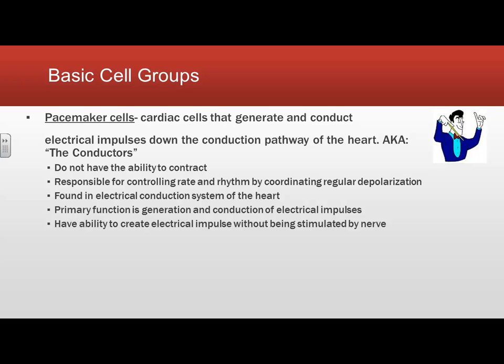On the very most basic function of a pacemaker cell, it's going to have the ability to propagate an electrical impulse and send it down the line. Now, here's what's important about these, though. They don't mechanically contract. They don't mechanically contract.